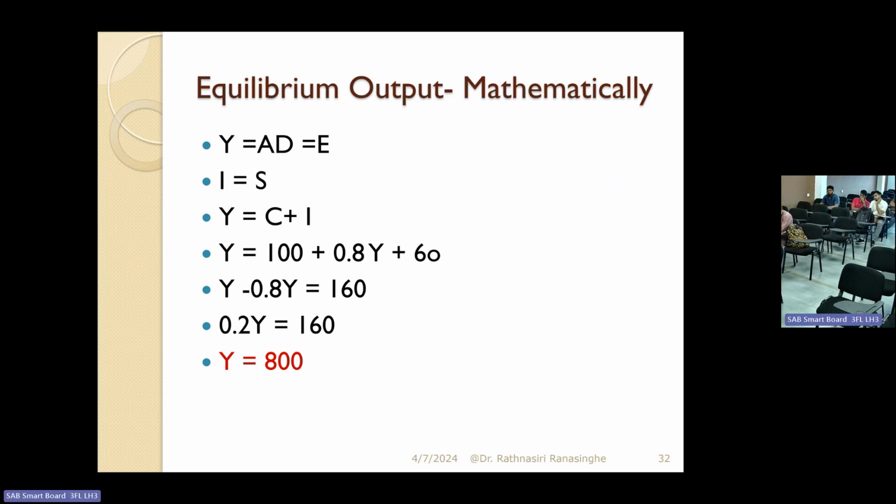Then you can use the equation directly and obtain it. For the graphical method, you need to draw the curves based on the given information and identify the equilibrium income. Okay, is it clear?